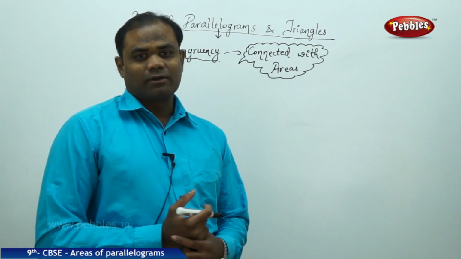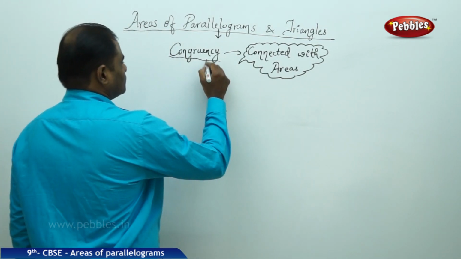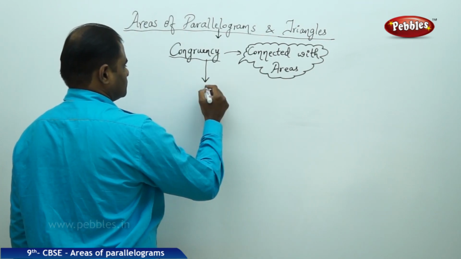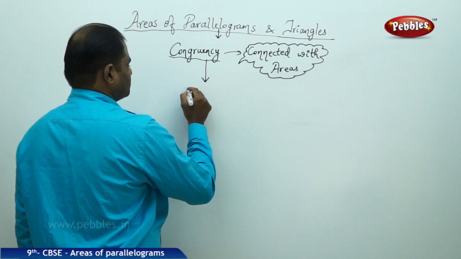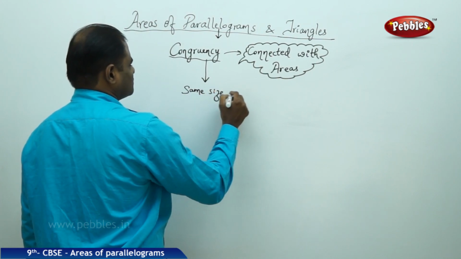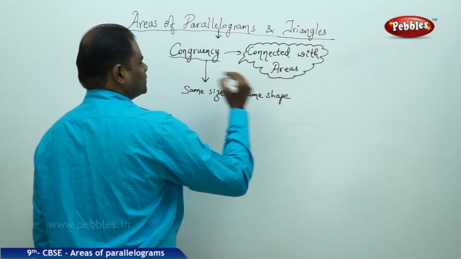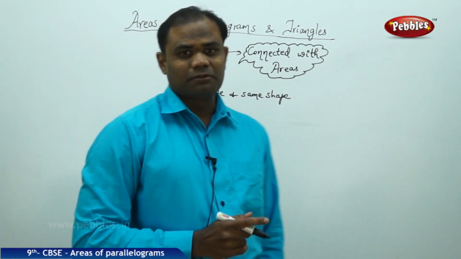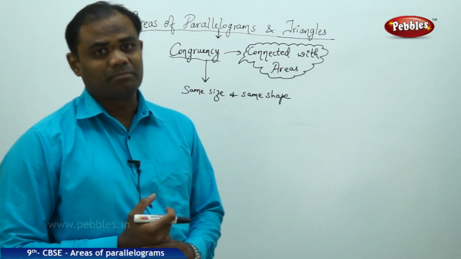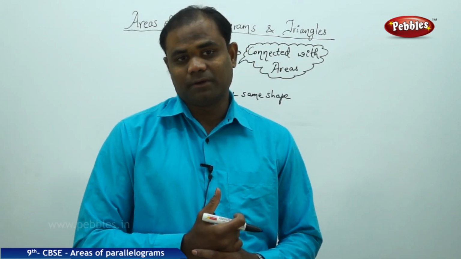Now that we have defined congruency, let's recall the definition. Congruency is connected with same size and same shape. Now it is generally assumed that if two objects or two figures are of the same size and same shape, mathematically it is proved that they must be of the same area.